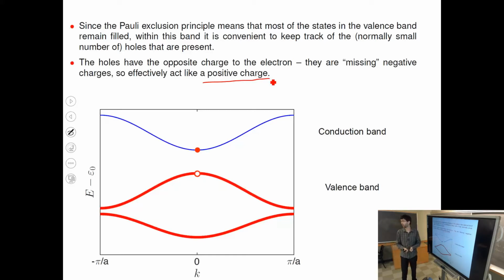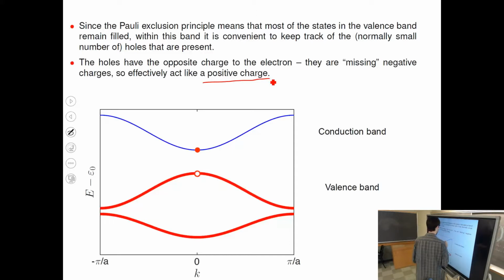Actually, there is one more quasi-particle that we already studied, but I did not emphasize that point to you. So an electron in the band structure is actually not a real particle. It is a quasi-particle. Why is that?